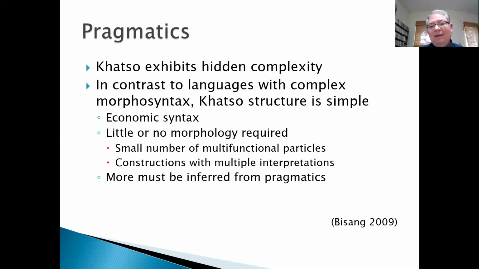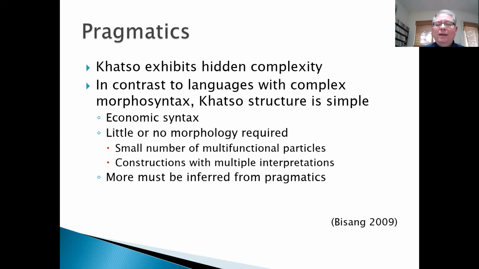Now, I've not stressed that very much up till now, but I can tell you that most of the grammatical particles in Khatso can occur in different constructions for different functions, meaning that any given phrase might be able to be interpreted in more than one way. And therefore, you need context to really help you nail down the specific meaning in the specific moment.